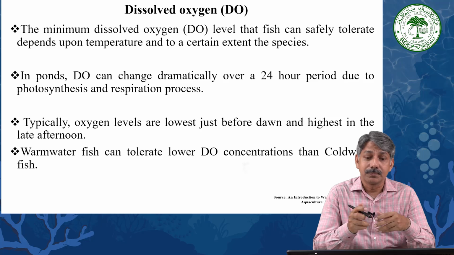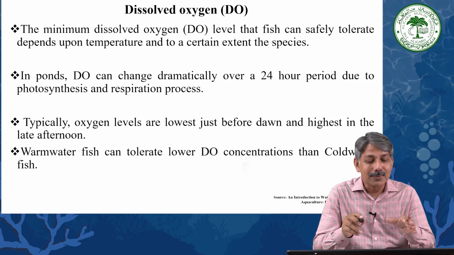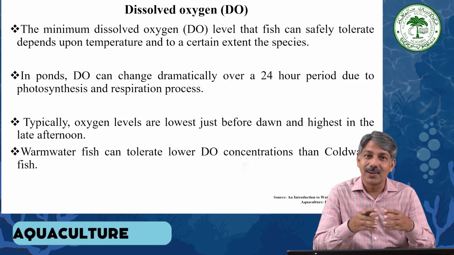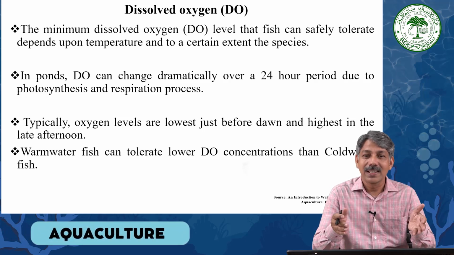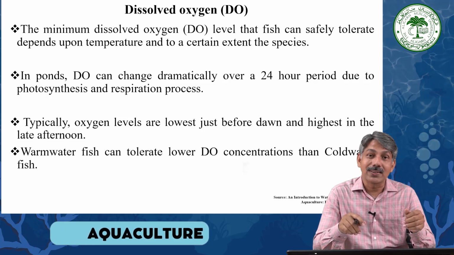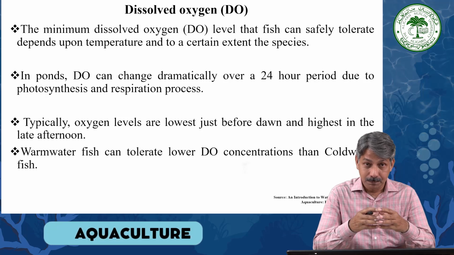In fact, this is one of the parameters, fortunately, about which many of the entrepreneurs or fish farmers or businessmen are aware. Most of them know that dissolved oxygen should not come below a limit.